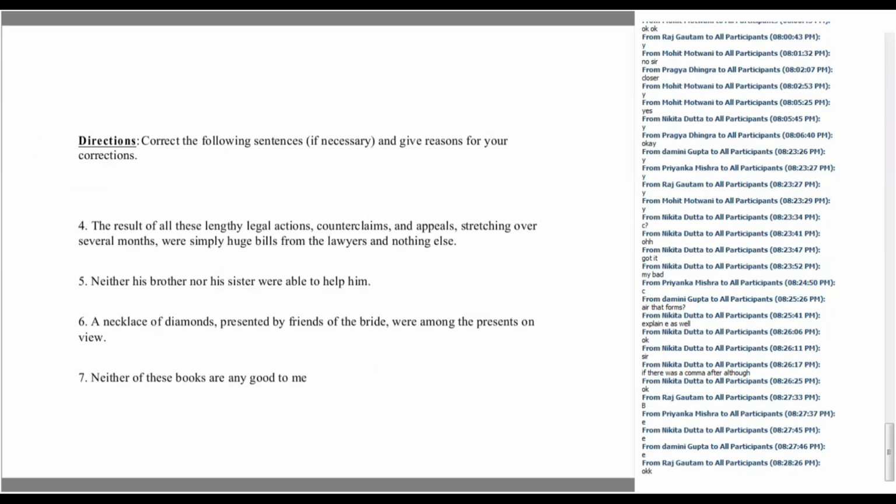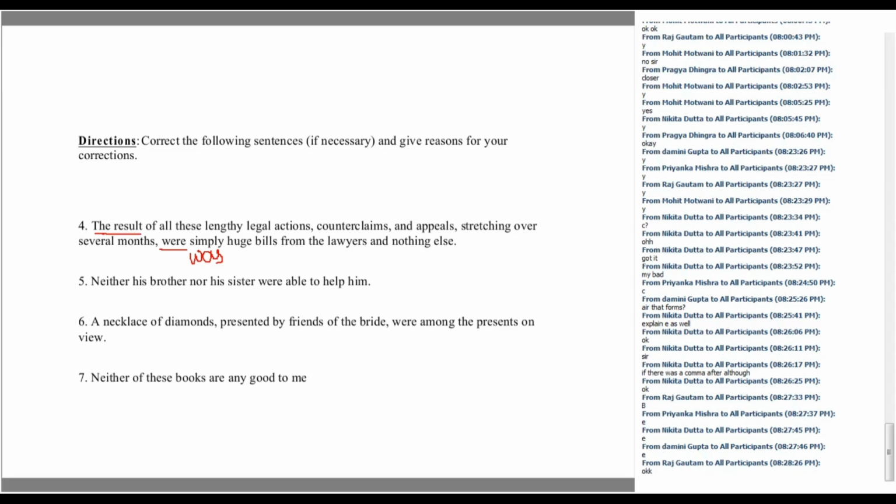Question number 4 is telling you to correct the following sentences if necessary and give reasons for your corrections. Let's see. The result of all these lengthy legal actions, counterclaims, and appeals stretching over several months. What was the result? The result was simply huge bills from the lawyers and nothing else.